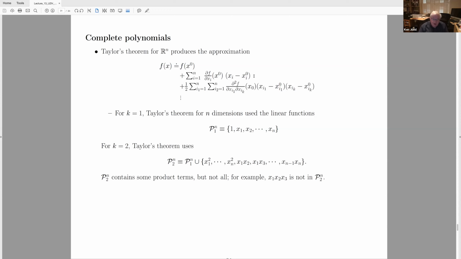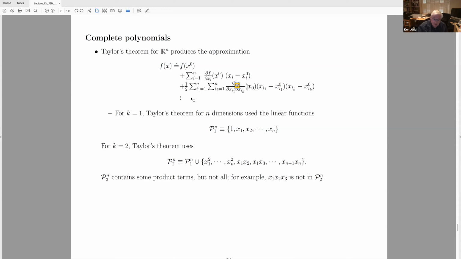Now for your quadratic approximation, notice that Taylor's theorem just says that all you do is take the second order derivatives. All of the cross partials are going to be used, but only the cross partials. By the way, initially it looks like this is n squared terms, but no, that's n squared over 2 terms, because by symmetry, the cross partials are equal.